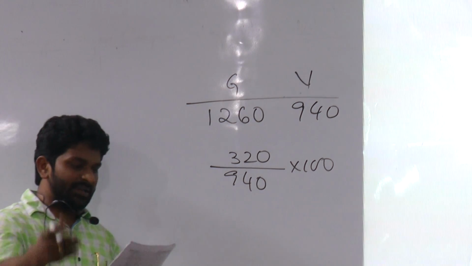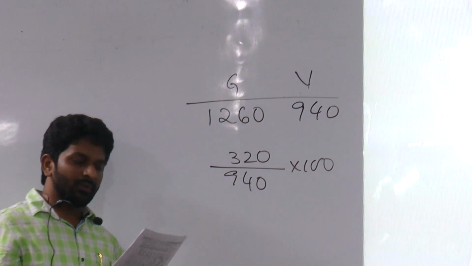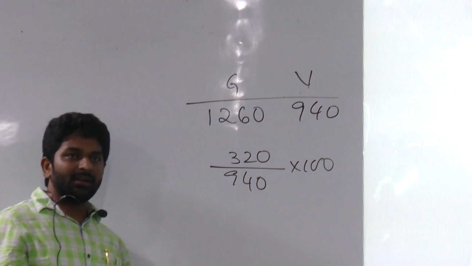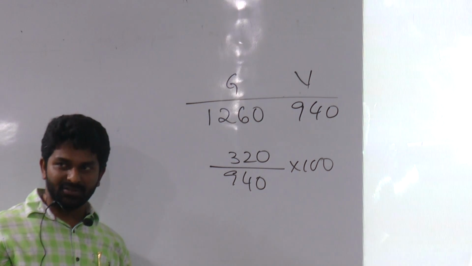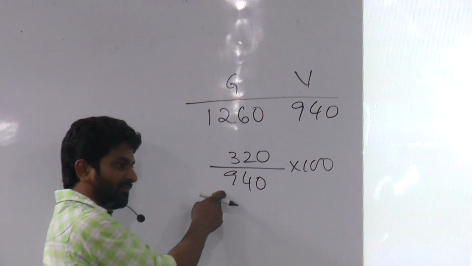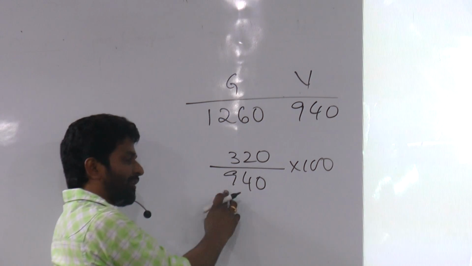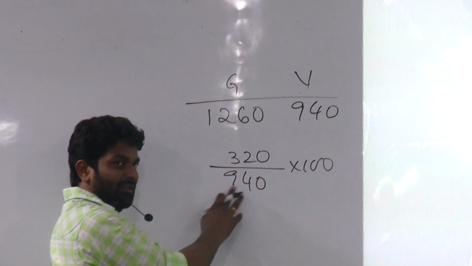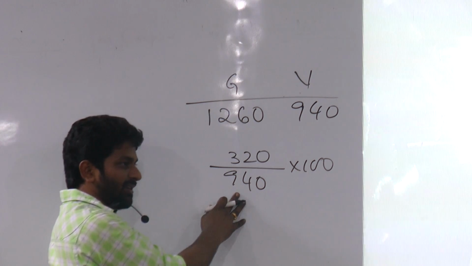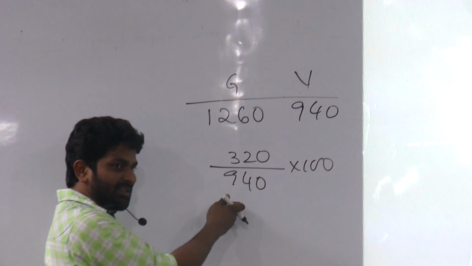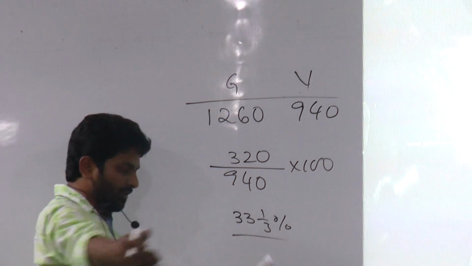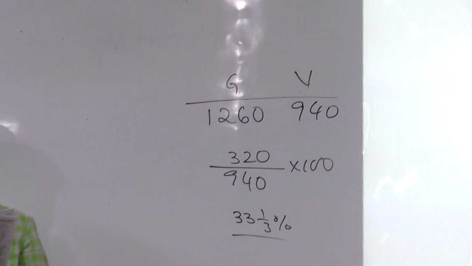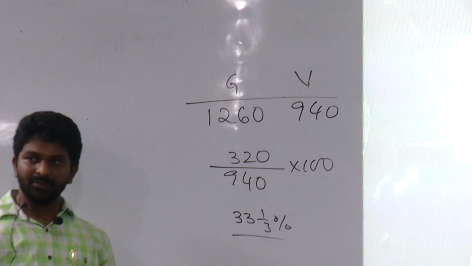Is it approximate or exact? They said rounded off to the nearest integer, in the sense approximate. This is 1/3, right? If in the denominator you have 960, the numerator is 1/3 of 960. 1/3 in the sense 33 1/3%. Nearest integer, look at your options. 34, cannot be 31. 34 is your answer.